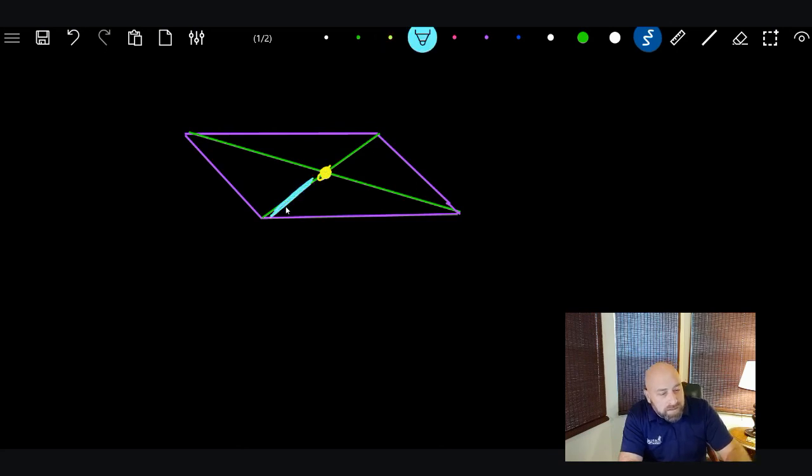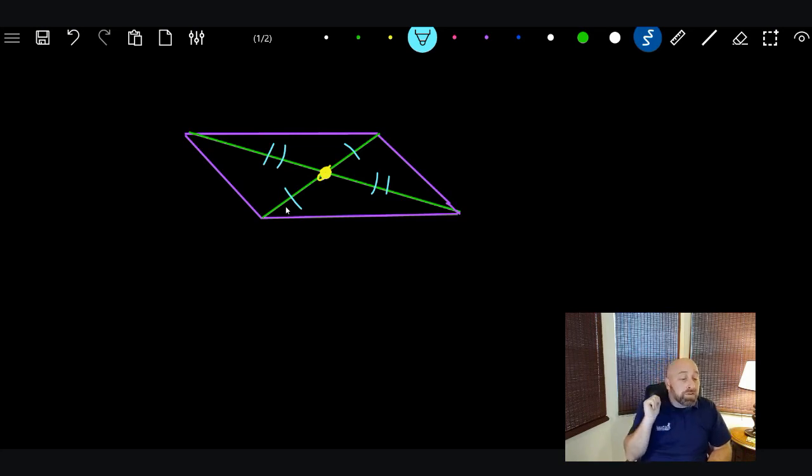It means that this piece equals this piece. It also means that this piece equals this piece. So by saying that those are diagonals, we can say that this piece equals this piece, and this piece equals this piece. Very important.